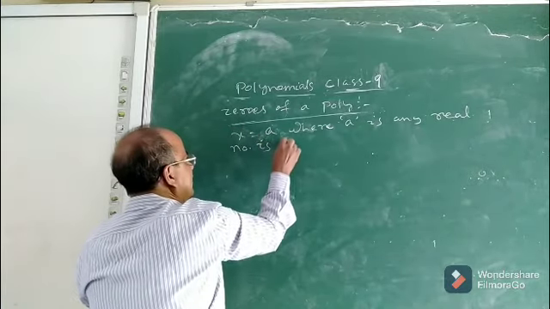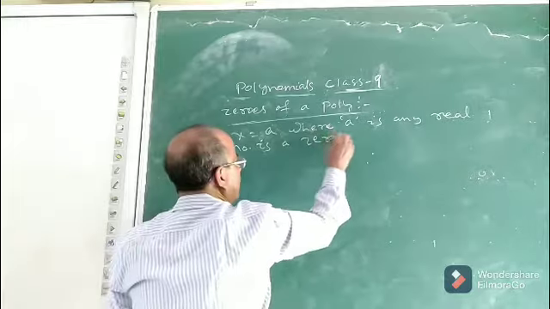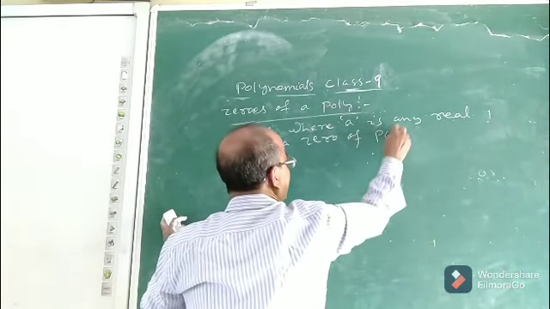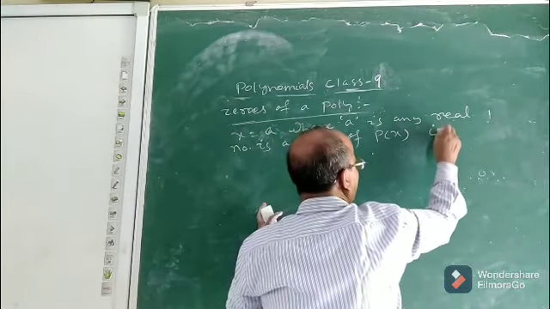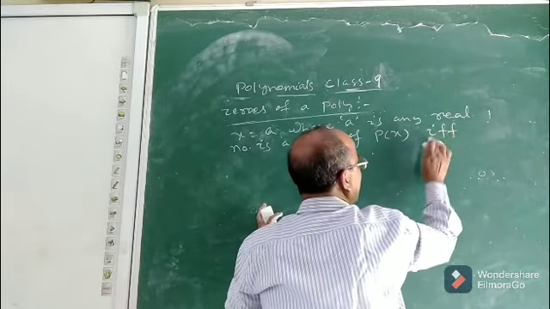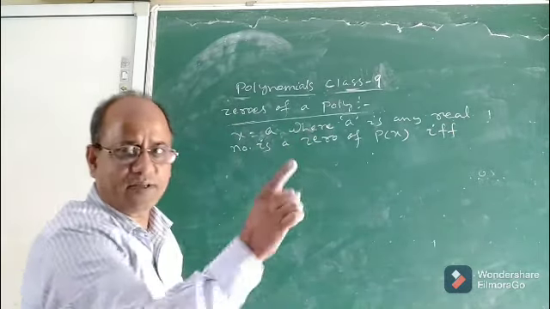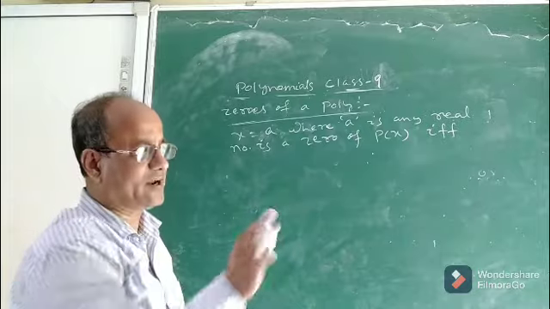A number is a zero of the polynomial p of x if, what is the condition, if and only if, meaning both sides true, necessary and sufficient.